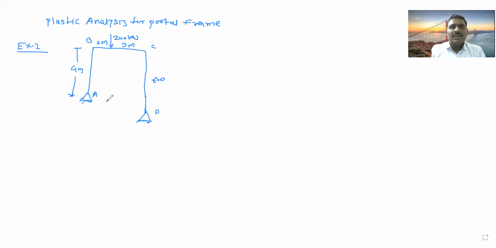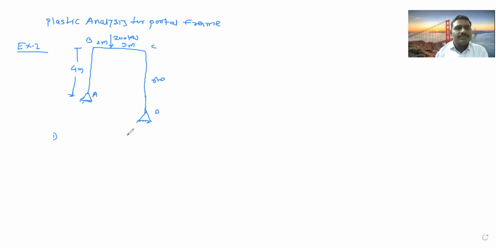Here, how many mechanisms we have to solve, that we will see first, and then we will solve them one by one. Here we have solved the sway mechanism or column mechanism. BC is the beam, so we have to solve the BC beam mechanism also, and we have to solve the combined mechanism also.